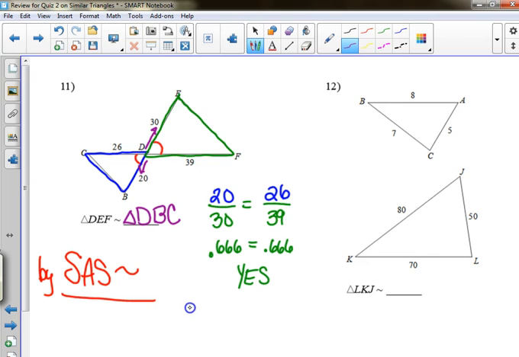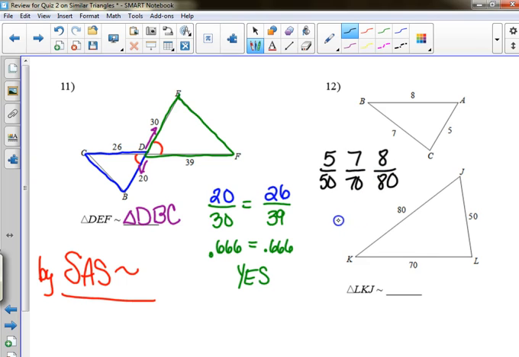All right, and this looks like we have all three sides on this one. So we're trying for side, side, side. I like to just put the sides in order, least to greatest. On the little triangle, I have a 5, then a 7, and then an 8. On the big triangle, the smallest one is 50, the next smallest is 70, and the biggest one is 80.